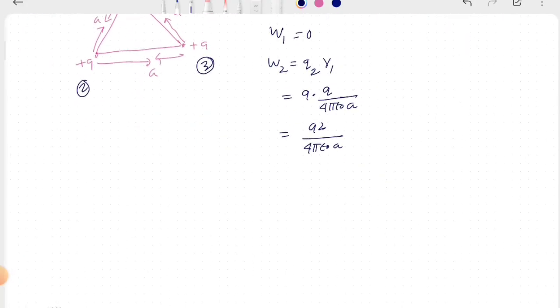And for the charge 3, W3 equals Q3 V1 plus Q3 V2.